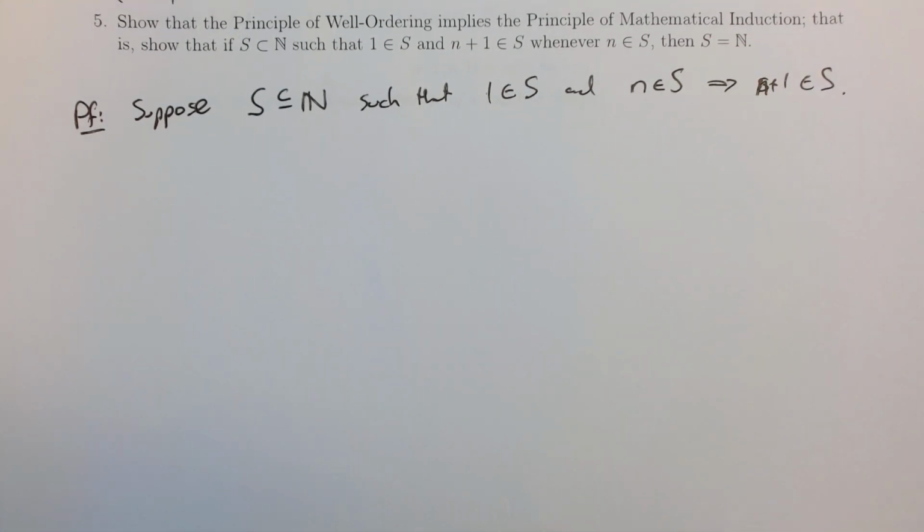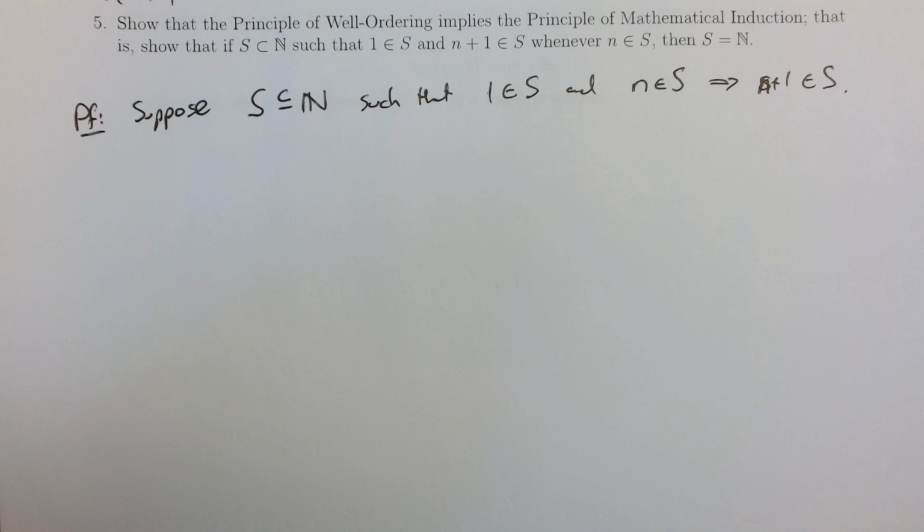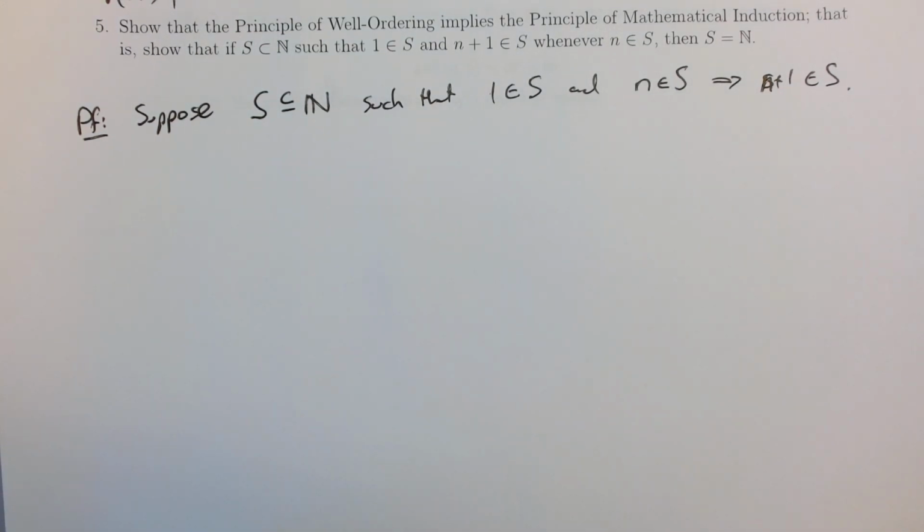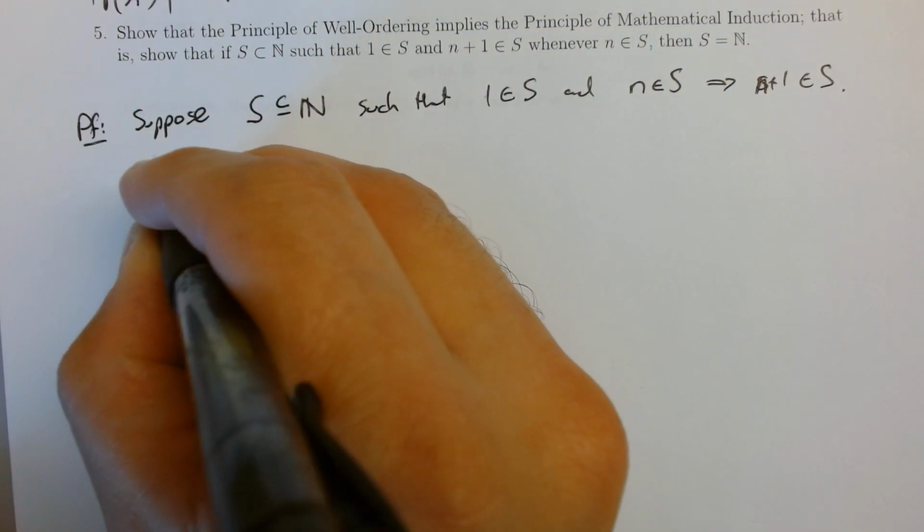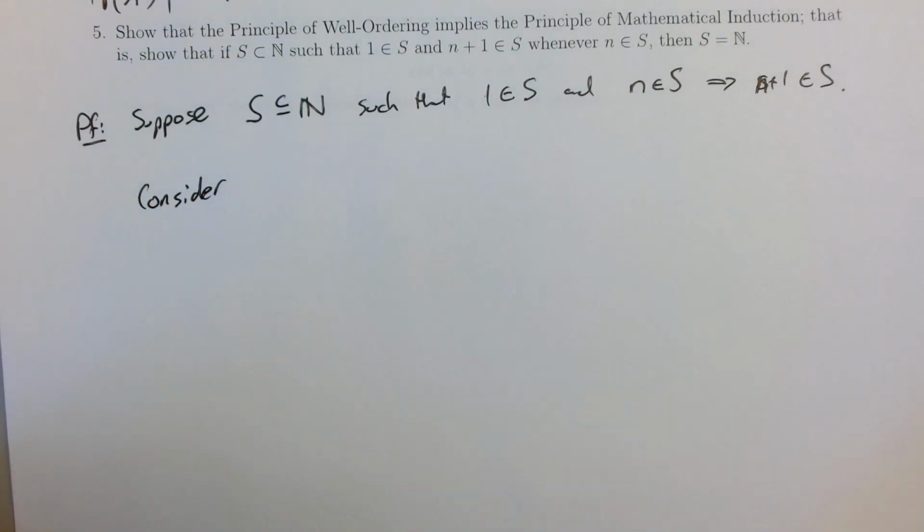Now, to use the principle of well ordering, you end up using contradiction by looking at a set that's supposed to be empty and assuming that it's not. That's generally how you use the principle of well ordering.